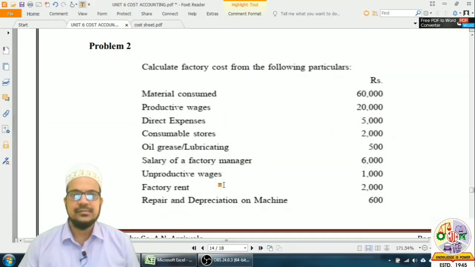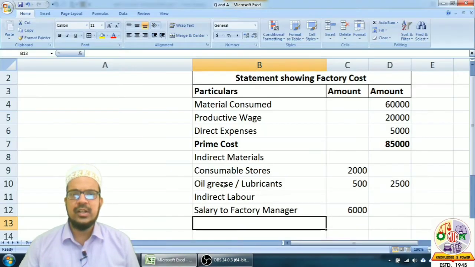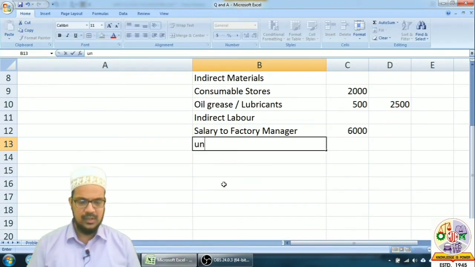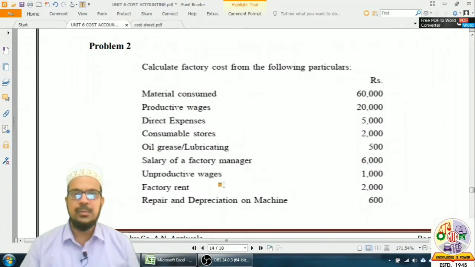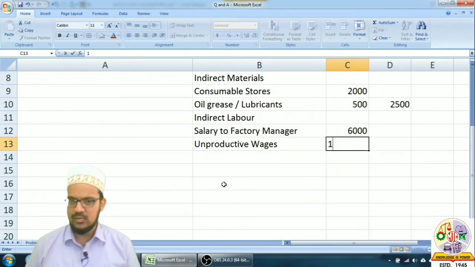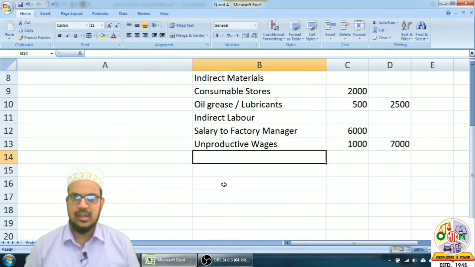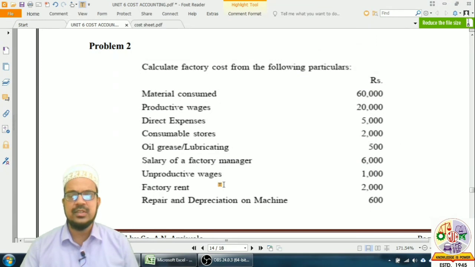Next is unproductive wages. Unproductive wages are 1000. So 1000 unproductive wages, total 7000. And the final thing which comes here is the indirect expenses.